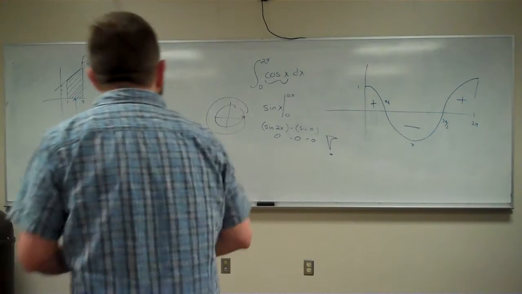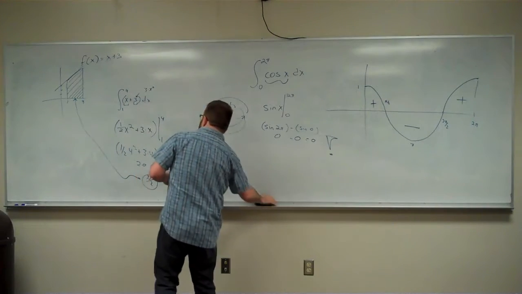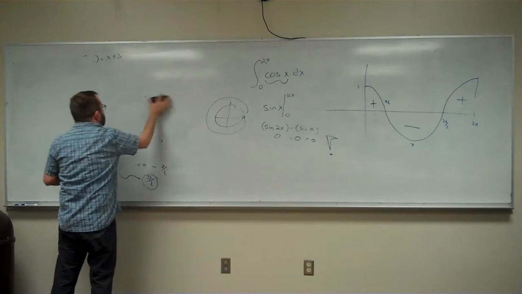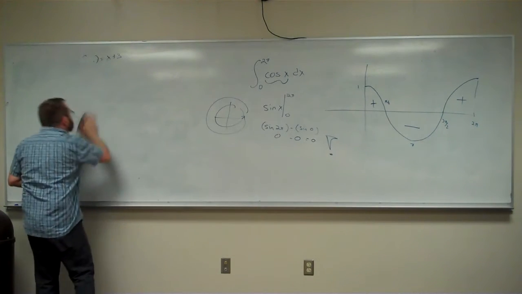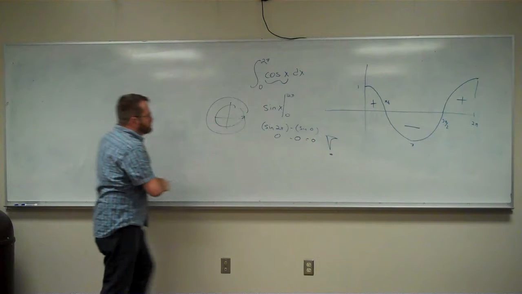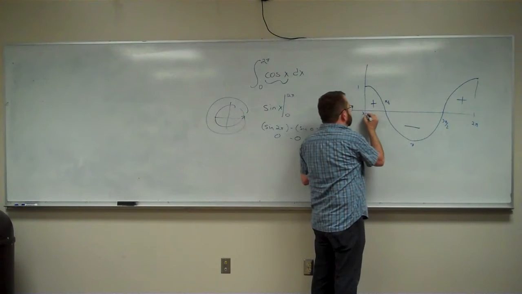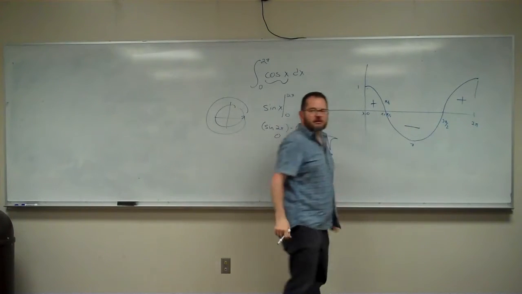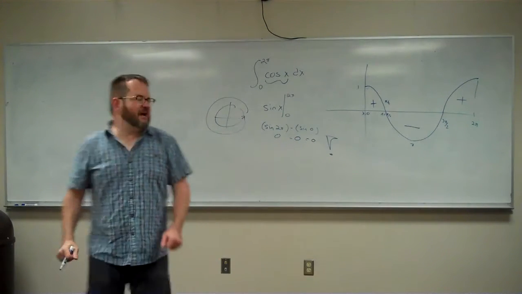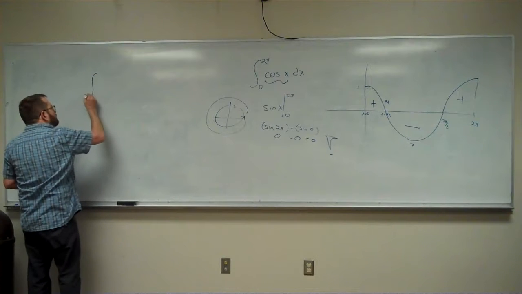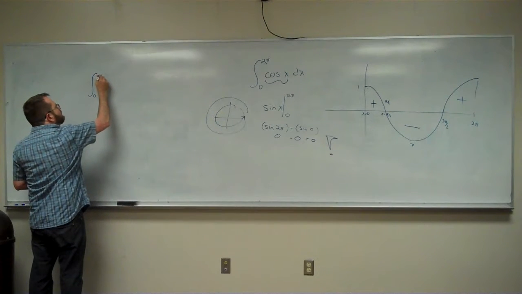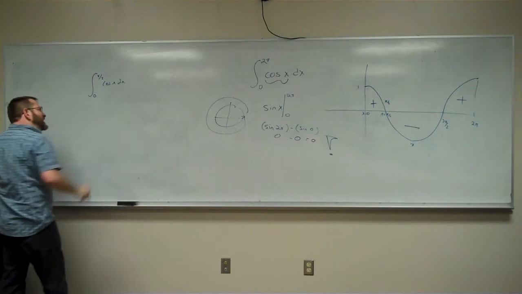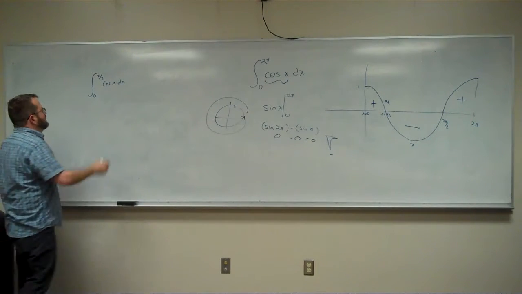Shall we check if this makes sense? I think we shall. If we are understanding this correctly, then shouldn't the integral from x equals 0 to x equals pi over 2 be a positive number, right? Let's see if that works out.